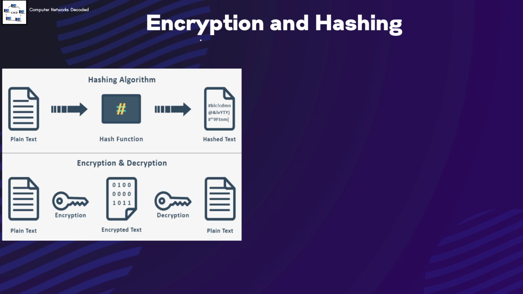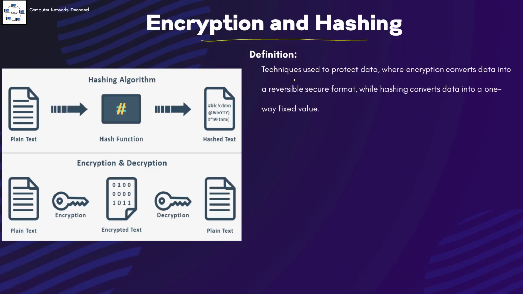Our next topic is encryption and hashing, and what is the difference between them. These are techniques used basically to protect data. Encryption converts data into a reversible secure format. What does this mean?